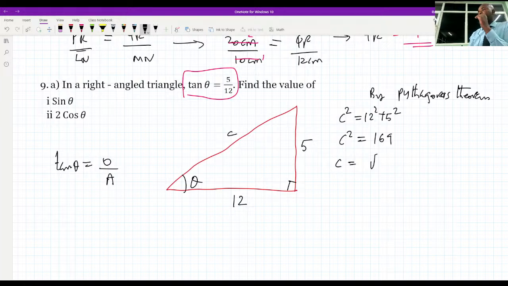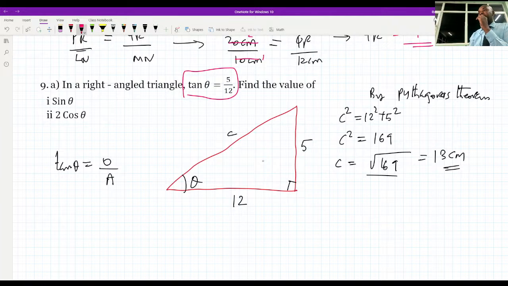So c will be the square root of 169, which is 13 centimeters. We assume that theta is an acute angle, so we are not going to consider the negative part of this expression here.